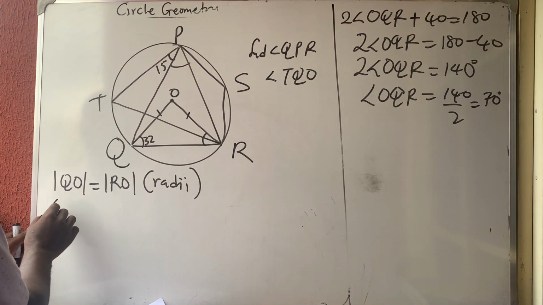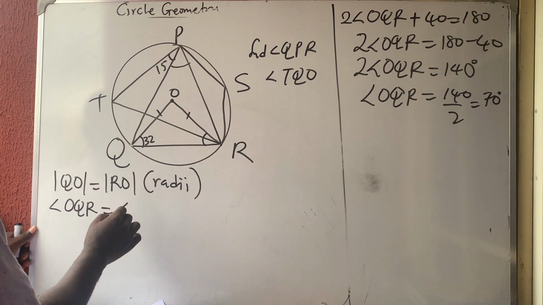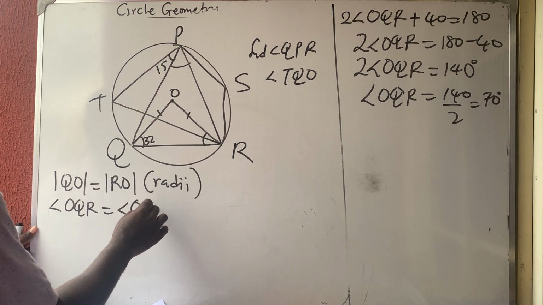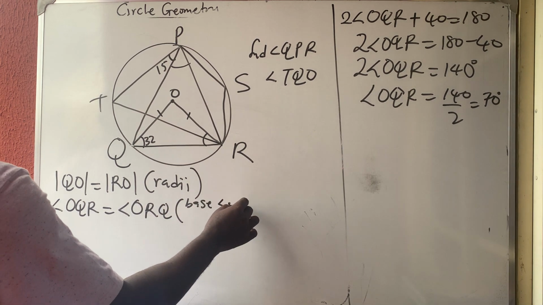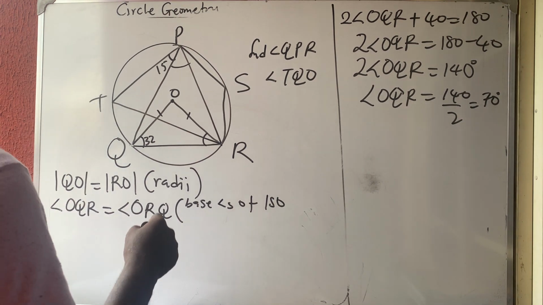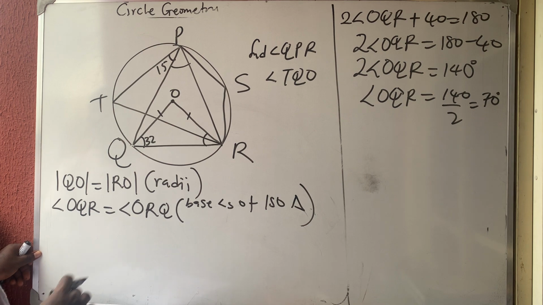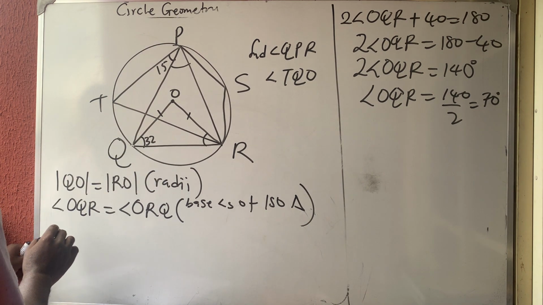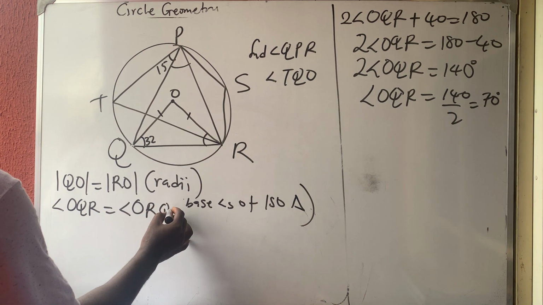So we tell them that angle OQR is equal to angle ORQ. And what is my reason? Base angles of isosceles triangle. So if that is the case, they are both 32, which is equal to 32 degrees.